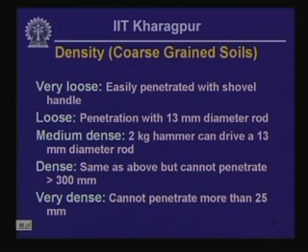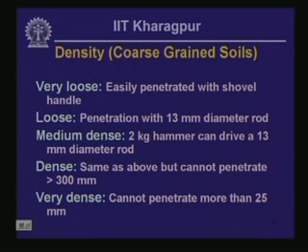For instance, if you have got a very loose deposit, then that particular deposit is easily penetrated with the handle of a typical shovel, whereas if it is loose, then it can be penetrated with a 13 millimeter diameter steel rod.